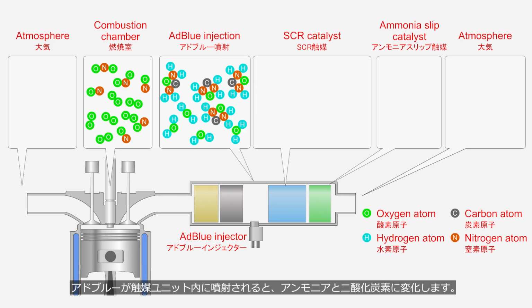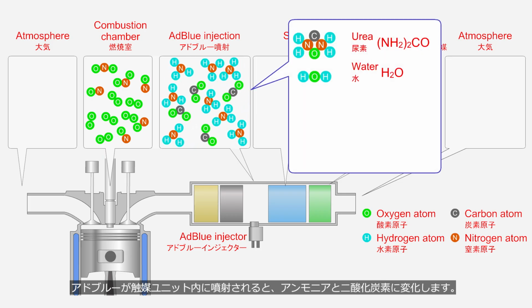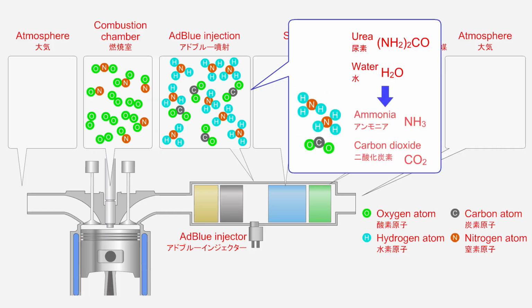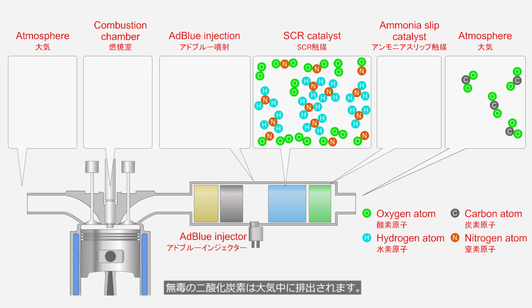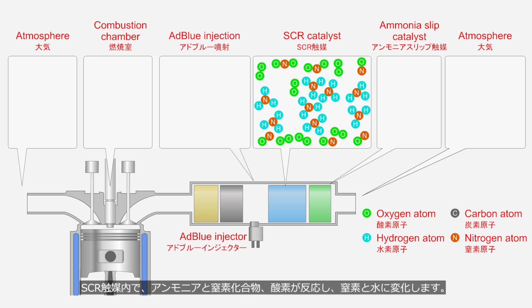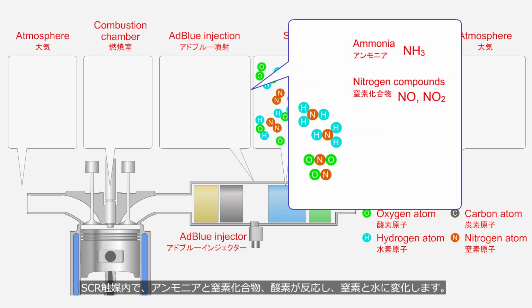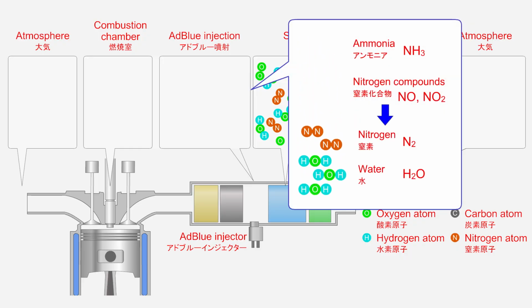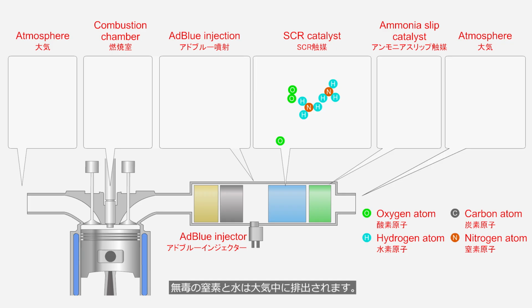When AdBlue is injected into the catalyst unit, it is converted into ammonia and carbon dioxide. Harmless carbon dioxide is released into the atmosphere. In the SCR catalyst, ammonia, nitrogen compounds, and oxygen react, converting into nitrogen and water. Harmless nitrogen and water are released into the atmosphere.